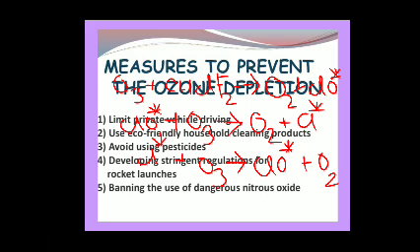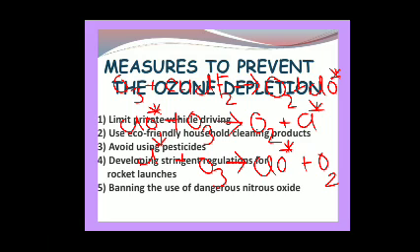The ozone present in the stratosphere, when it interacts with CFCs, nitric oxides and chlorine, decreases in concentration, which is called ozone layer depletion.